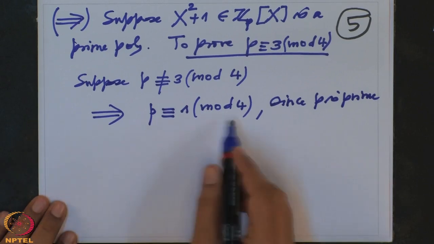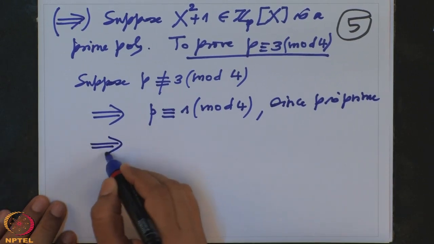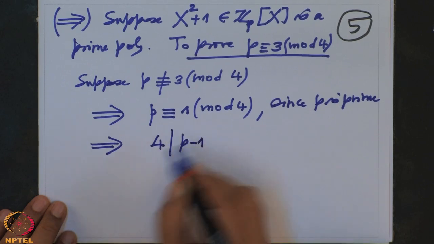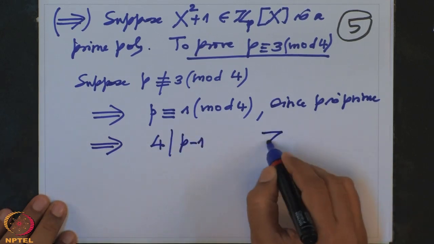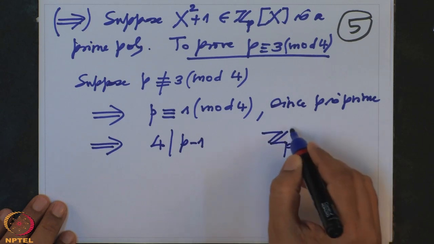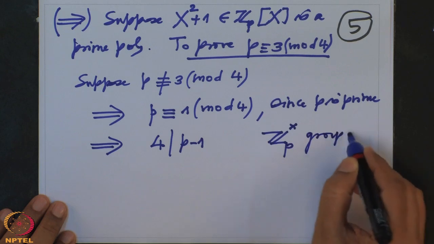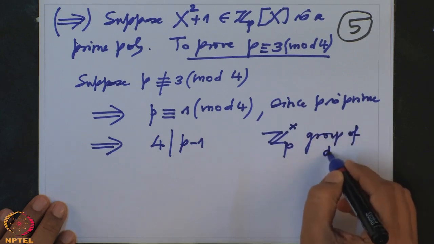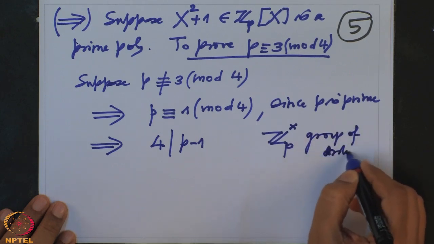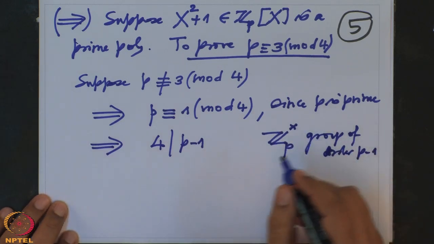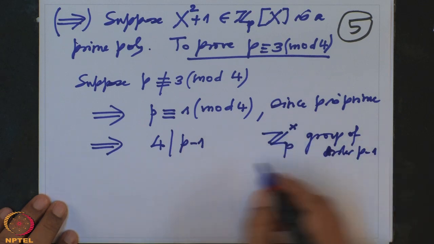Once P is congruent to 1 mod 4, that means what? That means 4 divides P minus 1, and we are in this group now, Z_P cross. This is a group of order P minus 1, and I want to use the fact that this group is cyclic.